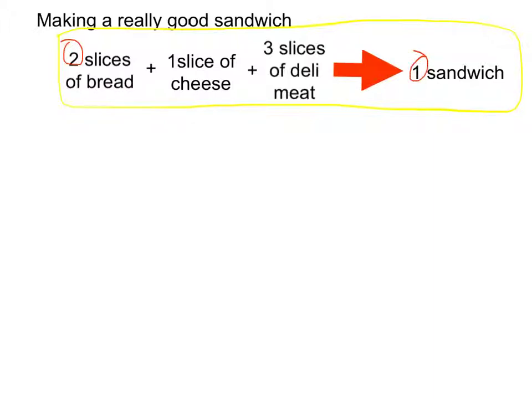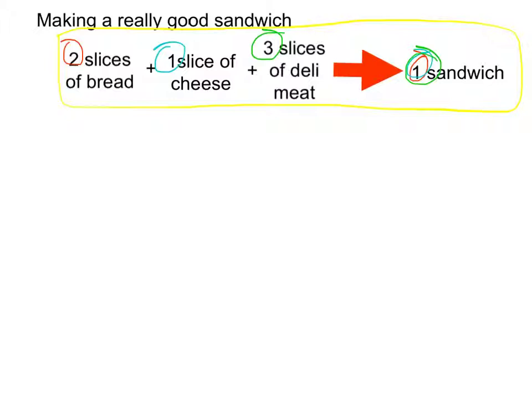For every 1 slice of cheese, I make 1 sandwich. And for every 3 slices of meat, I make 1 sandwich. If you notice, I'm doing a multiple ratio, just like when we're doing the stoichiometric problems. This is very similar. So let's go ahead and continue talking.